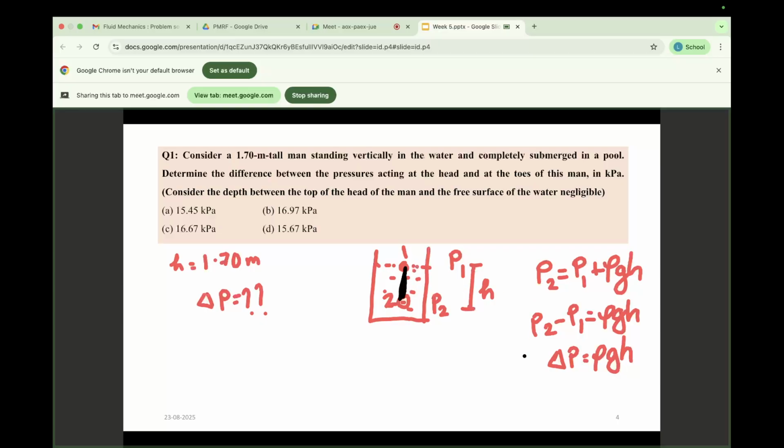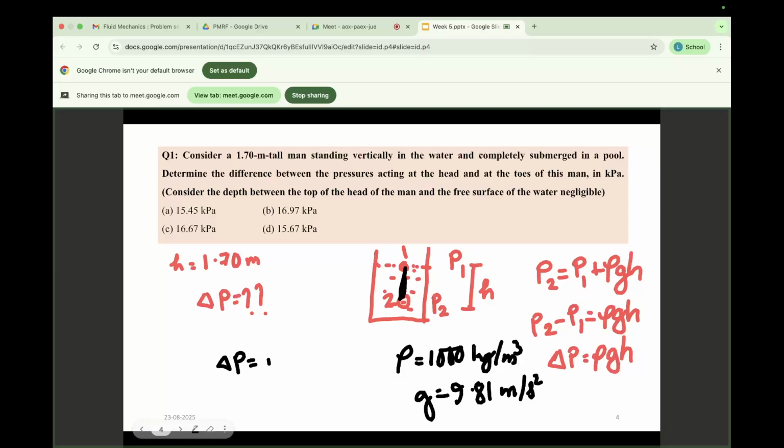So basically you need to find del P here. So the del P here means, what is the liquid? The liquid given here is water. So we know the density of water is 1000 kg per meter cube, and g also we know, this is 9.81, and h is already given.